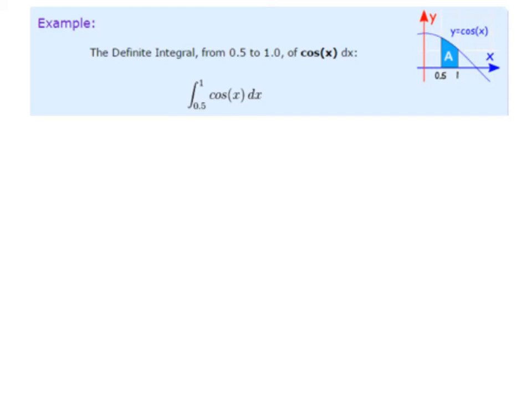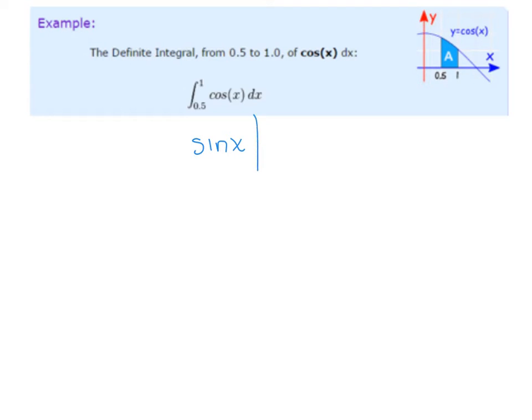Okay, so this next one says find the definite integral from 0.5 to 1 of cosine x dx. You can see here that it looks a little bit like a trapezoid, but it has that curve. So we can't find it geometrically, so we're going to use calculus. I'm going to take the integral of cosine x dx, which is sine x, right?